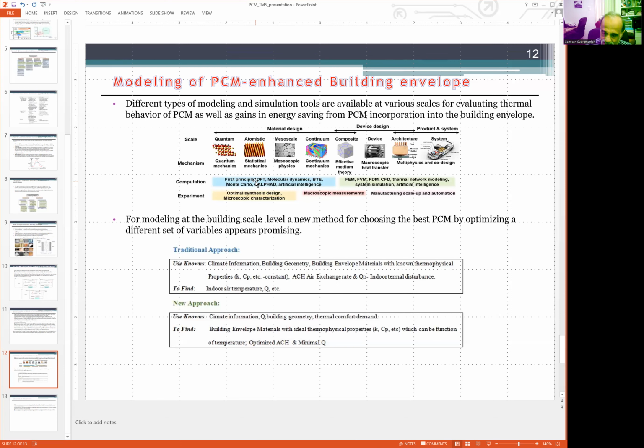Now we need to find building envelope materials with ideal thermophysical properties, which can be a function of temperature, the optimized heat load, the minimal heat load, and the optimized exchange rates. And so we are basically turning this thing inside out to avoid the iteration.